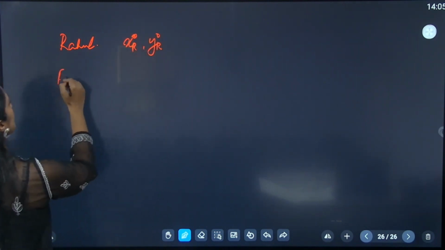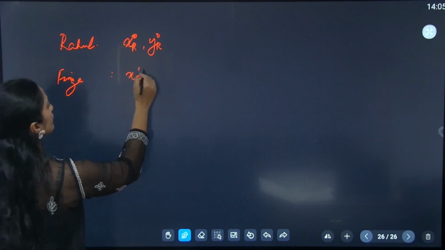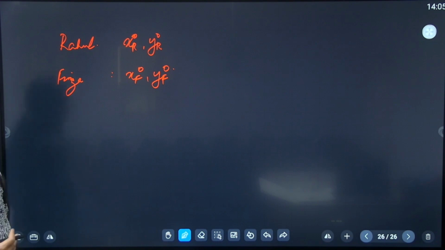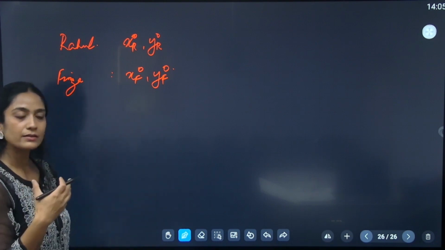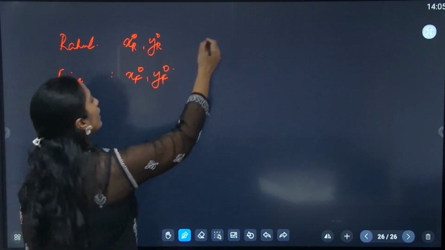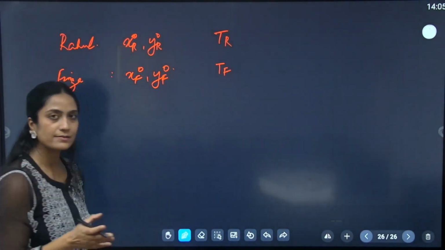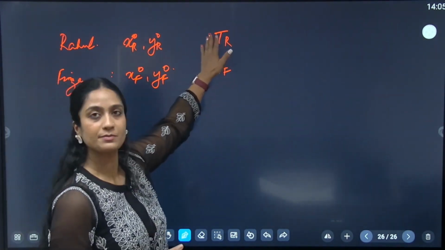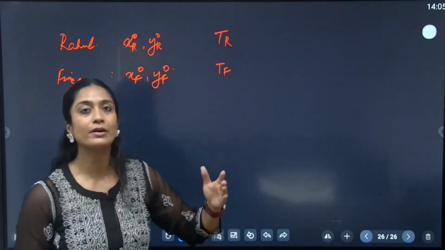And for Fiza you have this. Now this government says that both of you will get a tax slash transfer. So it will be a tax if your TR is negative, and it will be a transfer if your TR is positive.